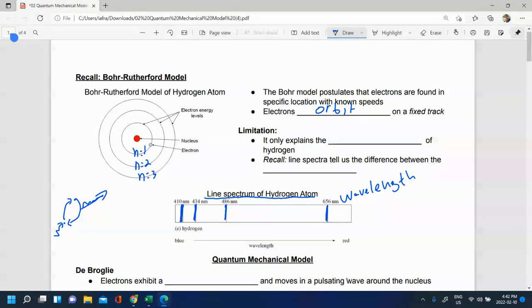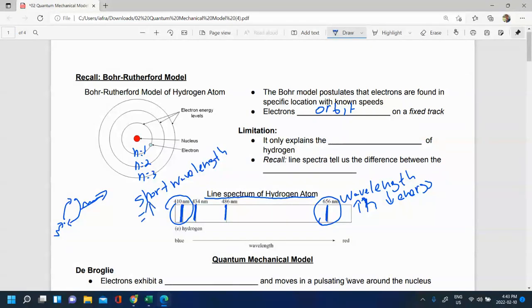Remember that a long wavelength, which you can represent by the Greek letter lambda, will mean low energy. So this is a lower energy color of light that's spat out. And this over here, a shorter wavelength, means higher energy. So that was the higher energy that was spat out.